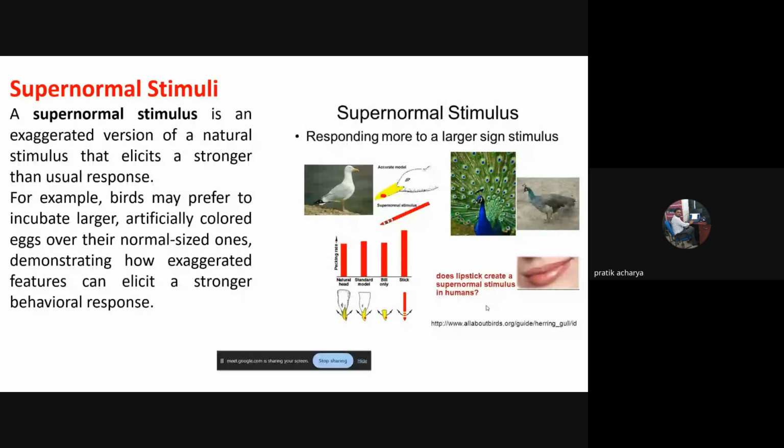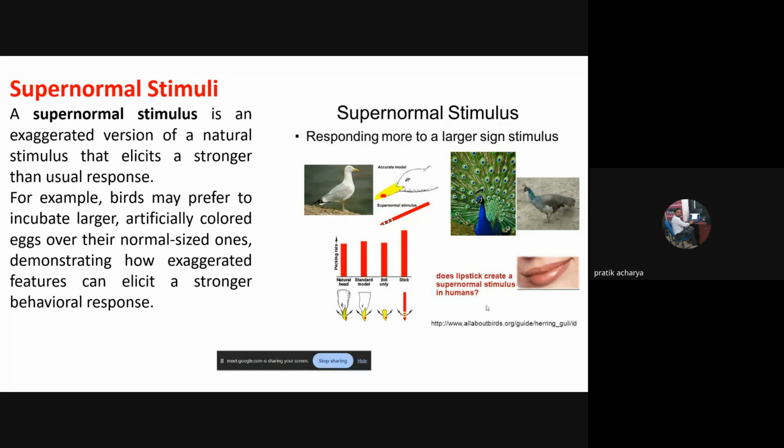The very large peacock can be attracted by the peahen. The peacock whose dancing pattern is much better in comparison to other peacocks. So that kind of peacock is actually attracted by the peahens for the purpose of sexual mating.